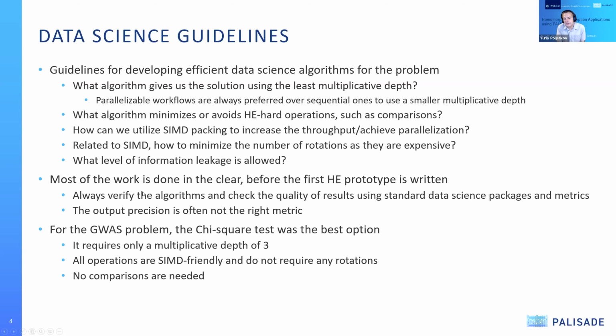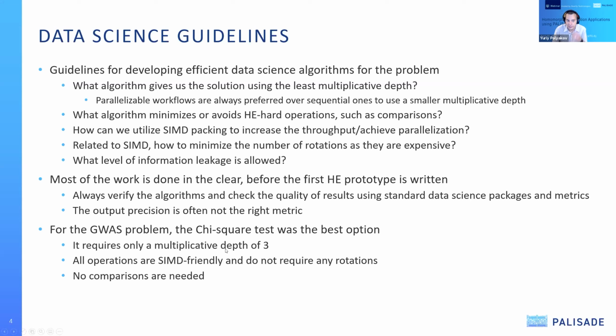And just as an example from Sasha's talk, we considered two algorithms, and one of them was a statistical one, and the other is based on logistic regression training. For the statistical one, which was able to satisfy these quality metrics that were set and matched the previous secure multi-party study, we picked specifically the chi-square test. Obviously, we know that it works and it's relevant in this genomic domain.